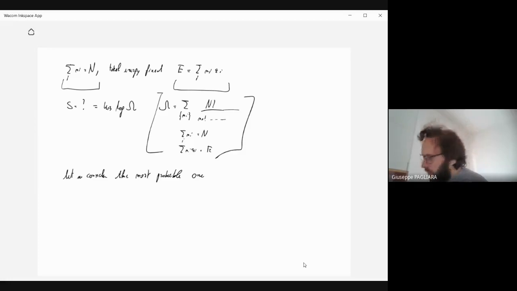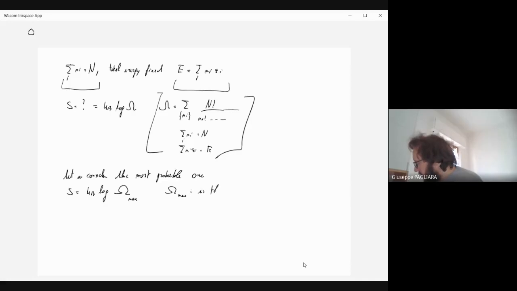And from what we learned before, the entropy S is actually kB the log of omega max, where omega max is the configuration with the highest probability.